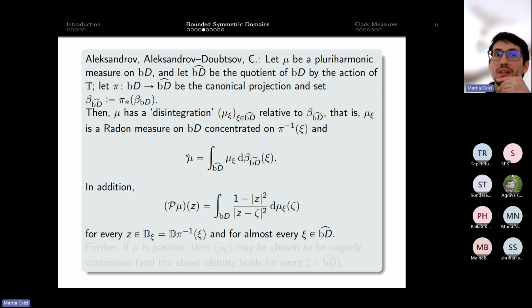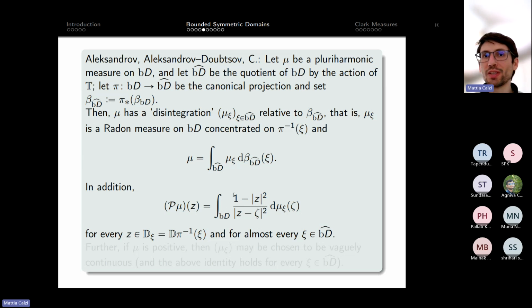So if you take the Poisson-Szegő integral of mu, and you consider it on the disk in the direction xi, then this is the usual Poisson integral of mu xi. Here I am assuming that the elements of the Shilov boundary all have norm or modulus 1 for simplicity.